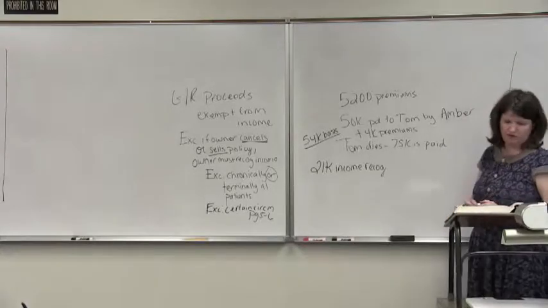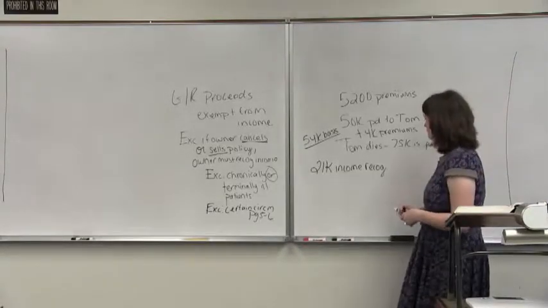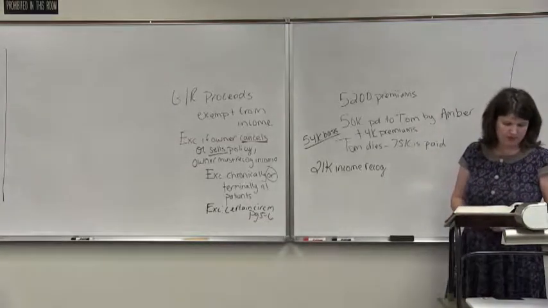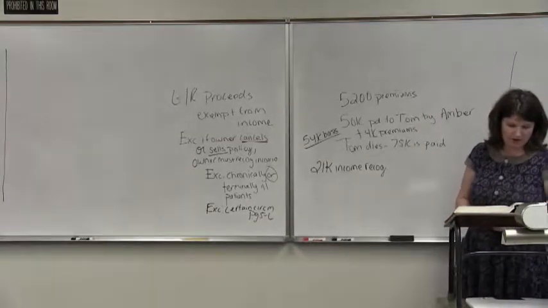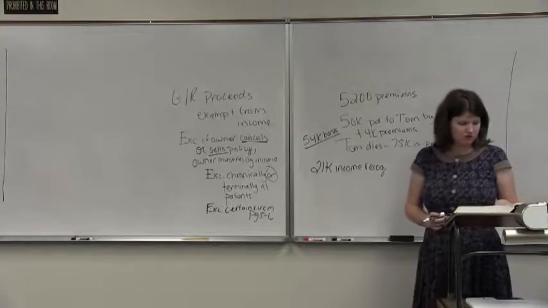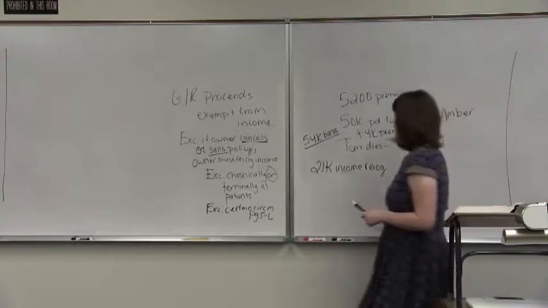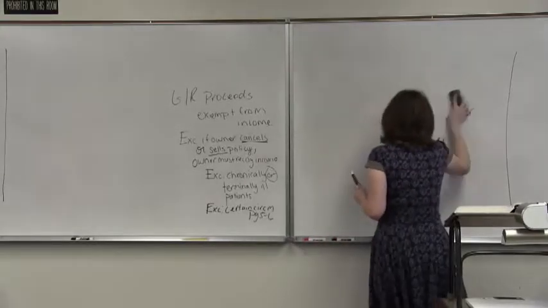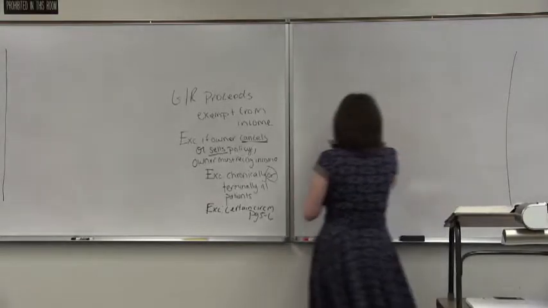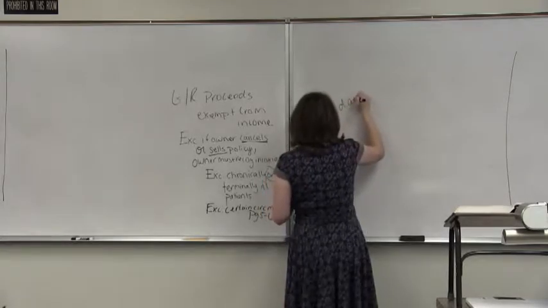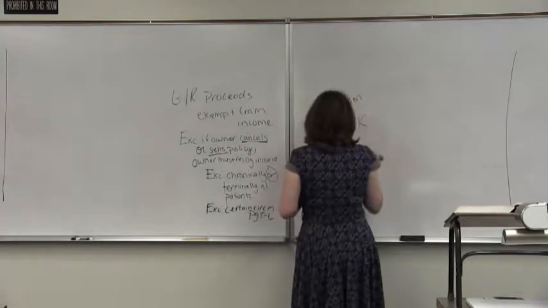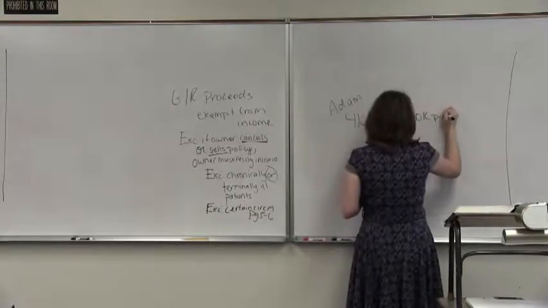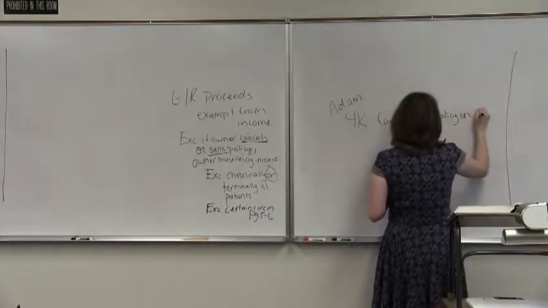So let's also talk about example 6, similar. Okay, in this example, Adam pays premiums of $4,000 for an insurance policy. So Adam pays $4,000 for a $10,000 policy on Beth.